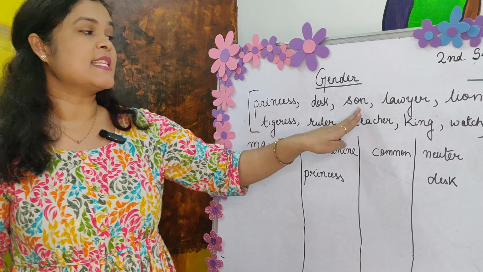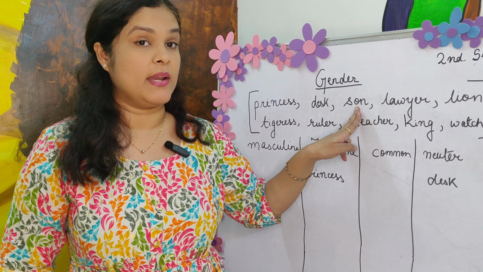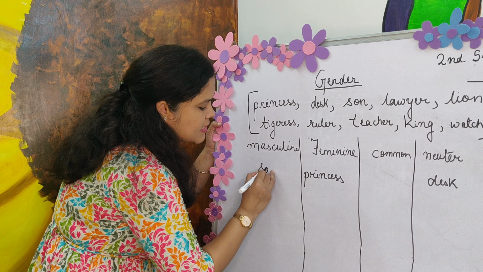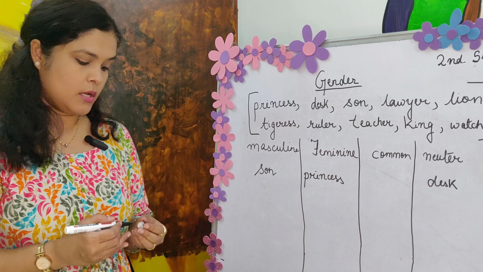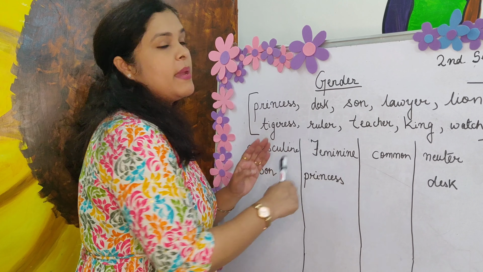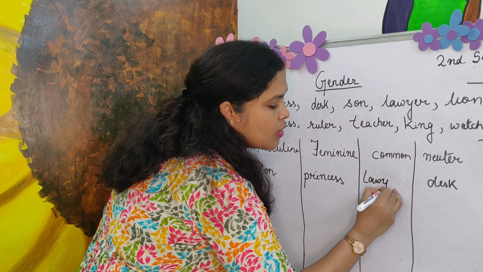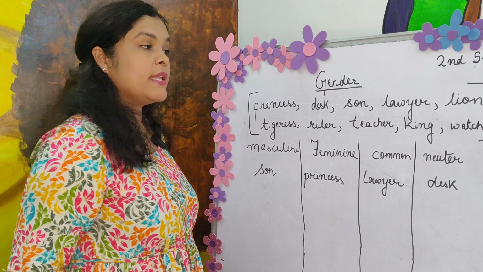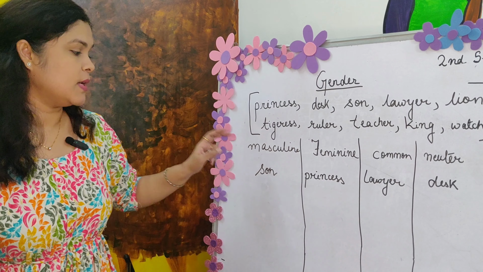Then comes your son. Let's again see, it is S-O-N, not S-U-N. Okay. Son will fall under the category of masculine gender. Next one we see is a lawyer. Lawyer can be a male, it can also be a female. So we put this under the category of common gender. Next is lion. I'm sure all of you are doing this activity along with me. Lion will fall under the masculine gender.